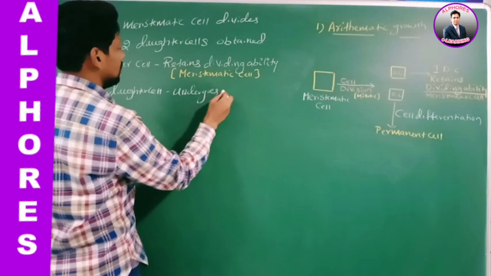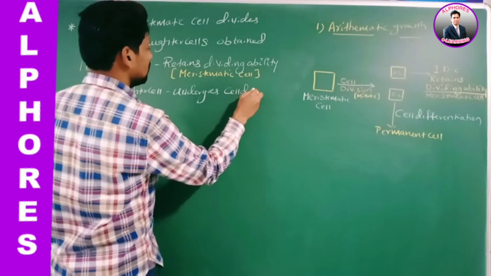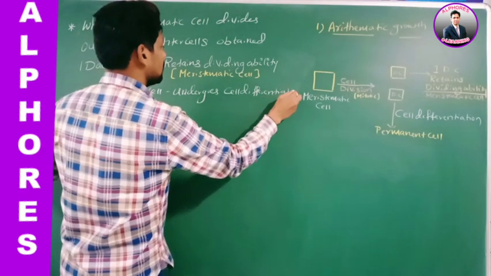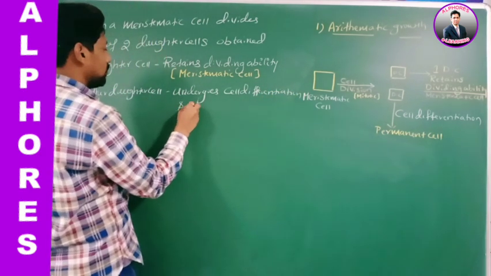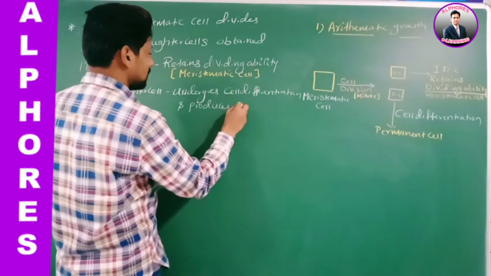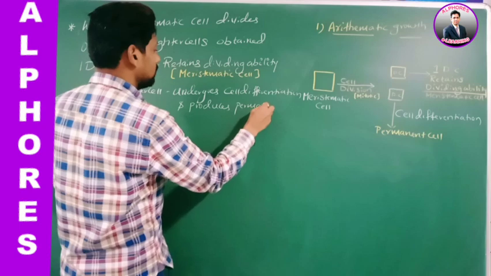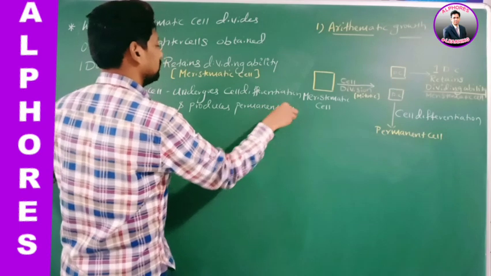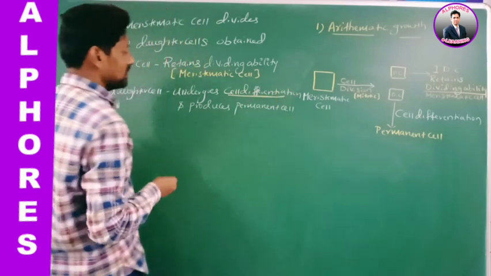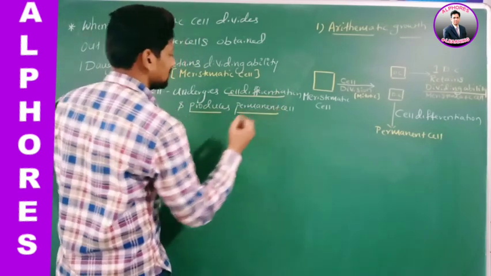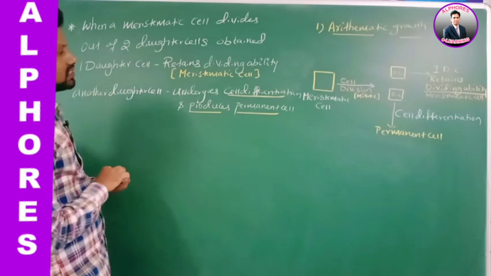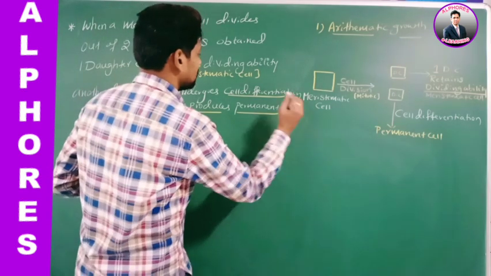It undergoes cell differentiation and produces a permanent cell. Therefore, the other daughter cell is undergoing cell differentiation and producing a permanent cell. Is this statement okay? What is this growth called?